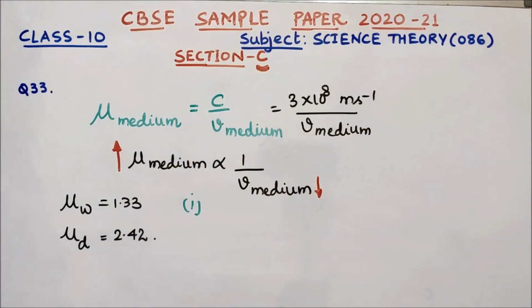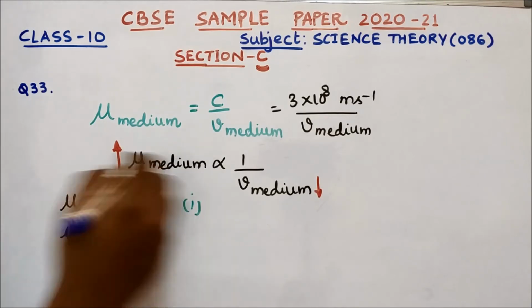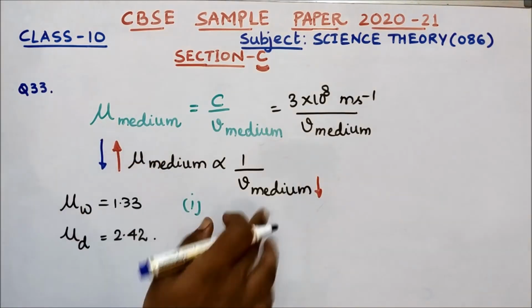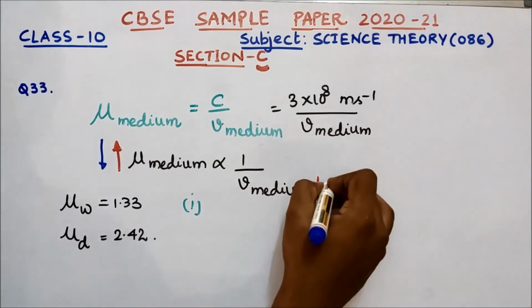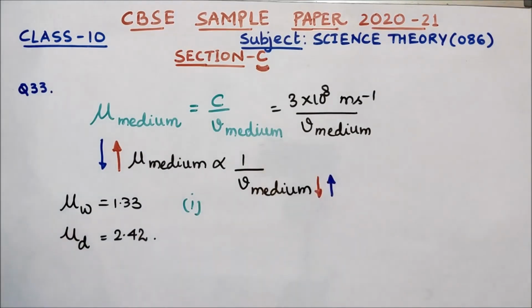In an optically denser medium, the speed of light will be minimum. If the refractive index is less, then the velocity of light in the medium will be more. I have already done several questions on the topic of refractive index. I'll put them in the description section so that you can refer.